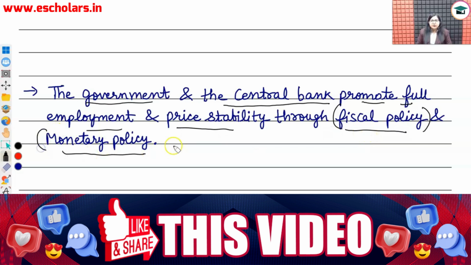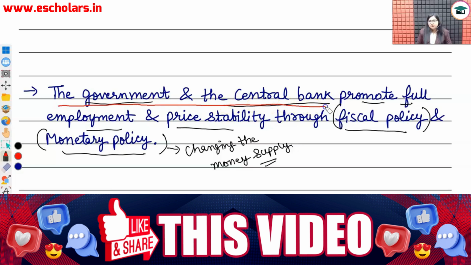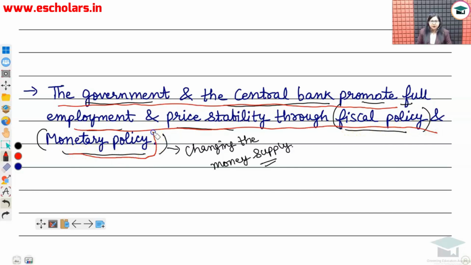And monetary policy is the policy used by the Central Bank of India, that is RBI, in order to bring full employment and price stability in the economy by altering the money supply, or you can say by changing the money supply in the economy. Okay, so let's have a look. The government and the central bank promote full employment and price stability through fiscal policy and monetary policy.